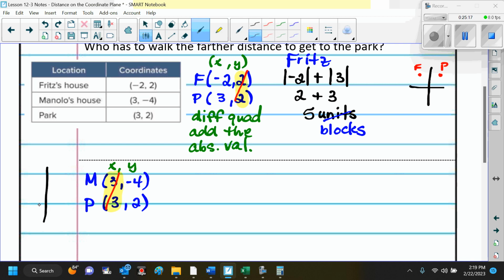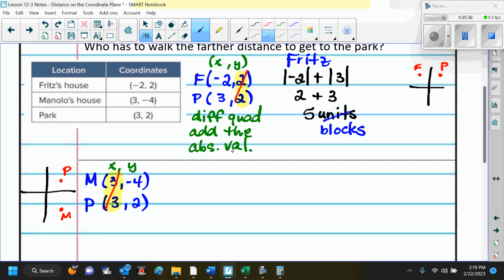So let's see, sketch our graph over here. So Manolo's house, that's positive 3, comma, negative 4. That's down here in the fourth quadrant. And then we've got positive 3, comma, positive 2. That's where the park is.